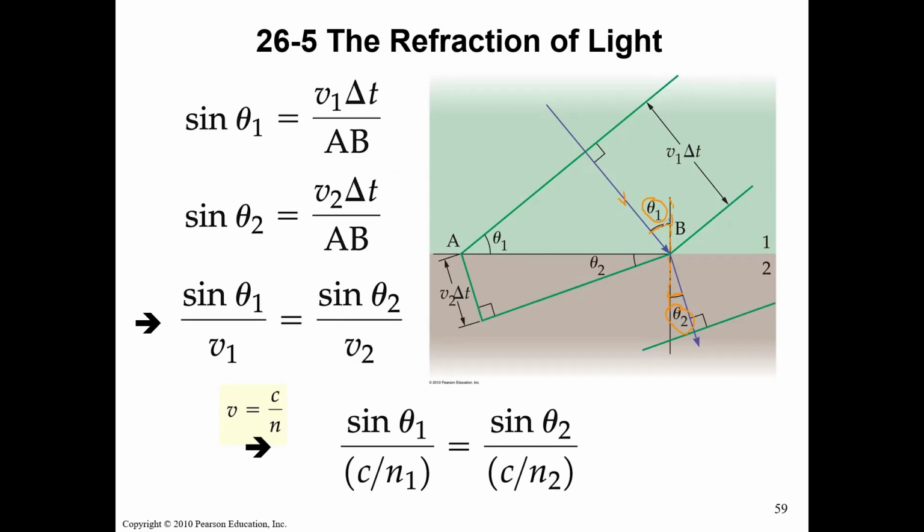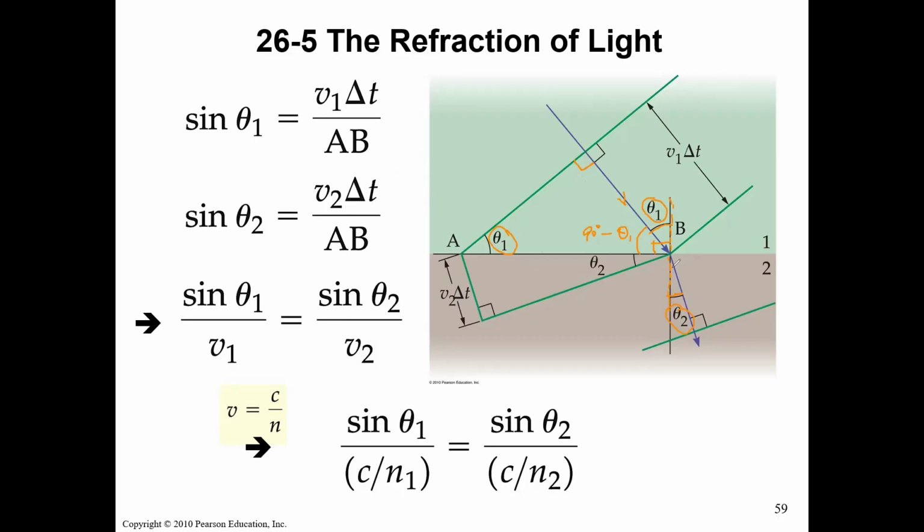Because this is a surface normal, this is a right angle, so this angle is 90 degrees minus theta 1. The green line is the wavefront and the blue line is the light ray, so this is a right angle, and this angle is theta 1.